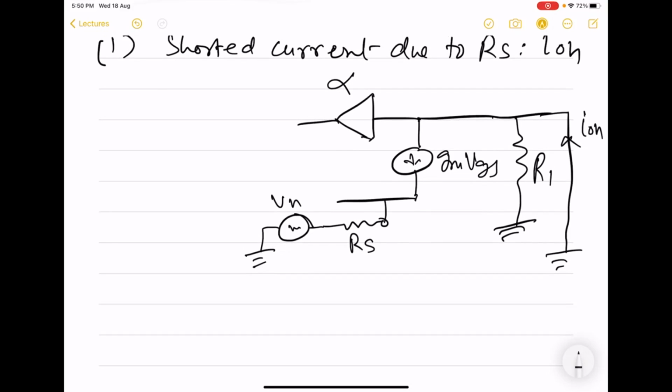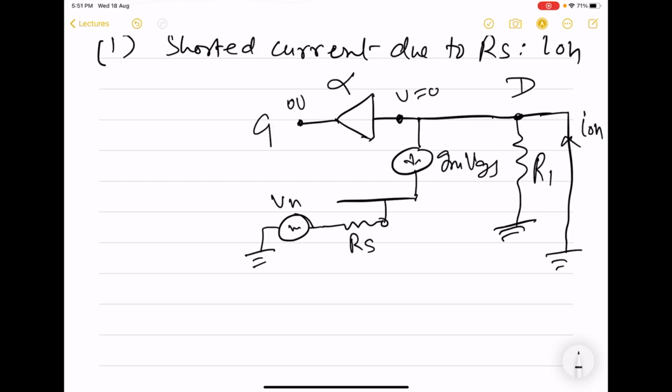Earlier, the gate was grounded in the previous version where the alpha feedback network was not present. But here you can see that when we add this alpha and try to find out this short circuited output current, we are grounding this drain. That means the input of this feedback network is 0, so the output is also going to be 0 volt. So here also the gate remains grounded.